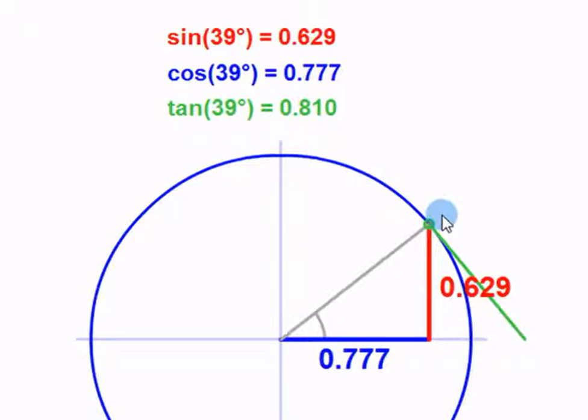The sine of this angle here, whatever the angle is, it happens to be 39 there where I stopped it. The sine of 39 degrees is equal to how big the red length is compared to the grey hypotenuse, opposite over hypotenuse. The cos of 39 is how long the blue line is, the adjacent, compared to the hypotenuse.